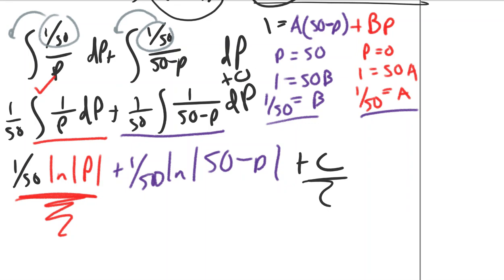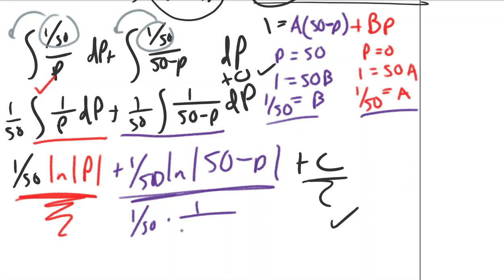Of course, there always could be a plus 0 there, so that's fine as well. The problem occurred right here. If I take the derivative of this to test it, I get 1 over 50 times this derivative, which would be 1 over 50 minus p, and then because of chain rule, times the derivative of the inside, times a negative 1. So this isn't supposed to be negative, but I'm creating a negative.